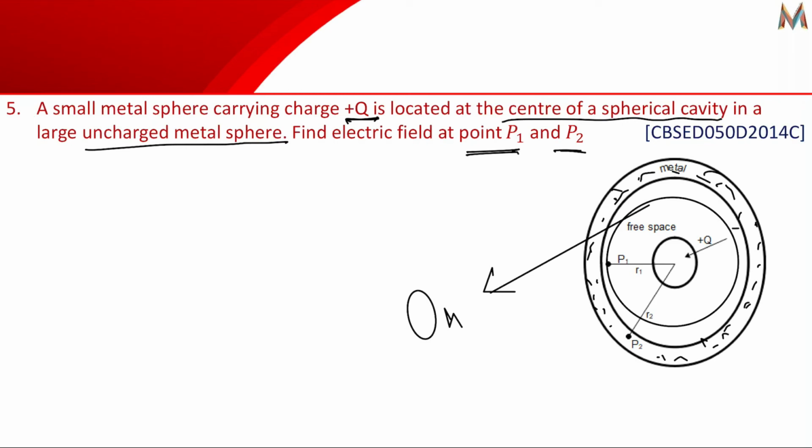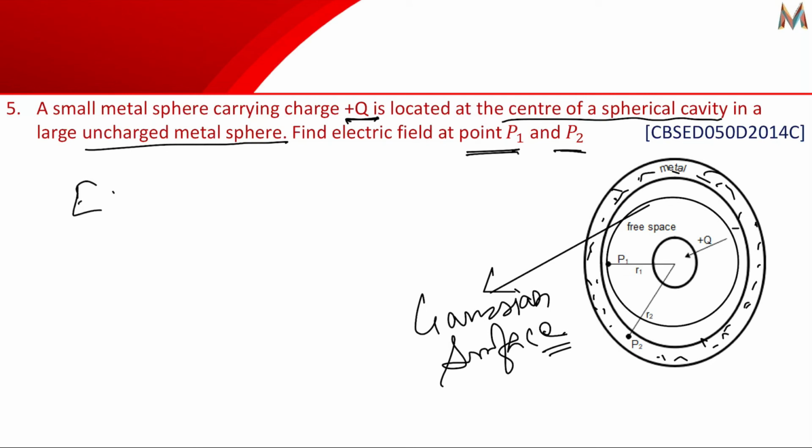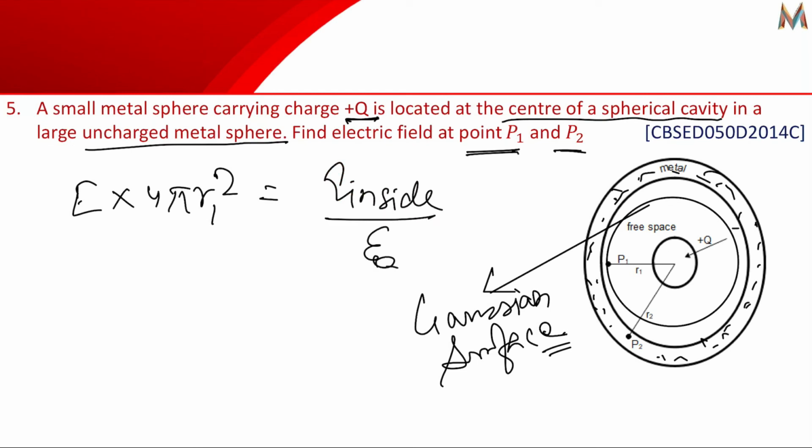Then we can write E into 4 pi r1 square, since the radius is r1, equals Q inside upon epsilon naught, in accordance with the Gauss theorem.